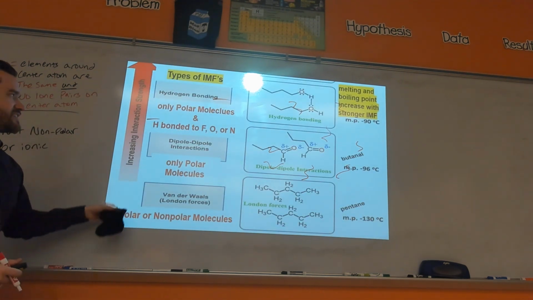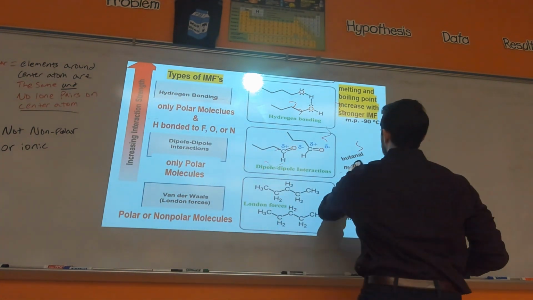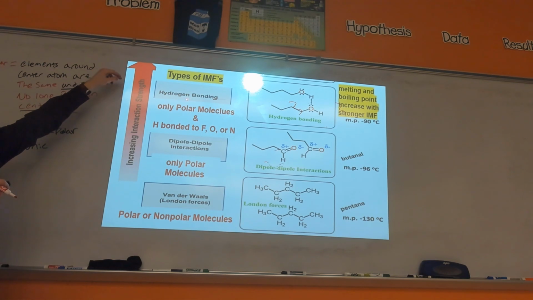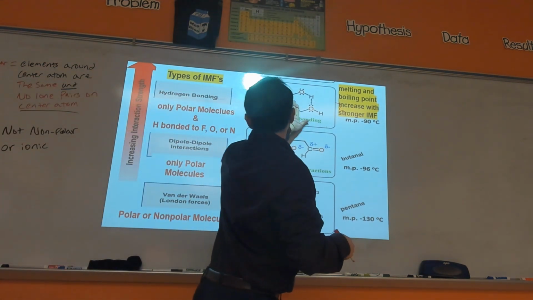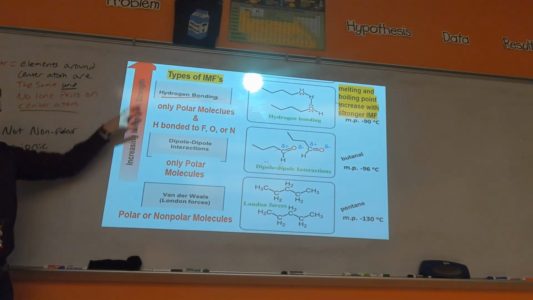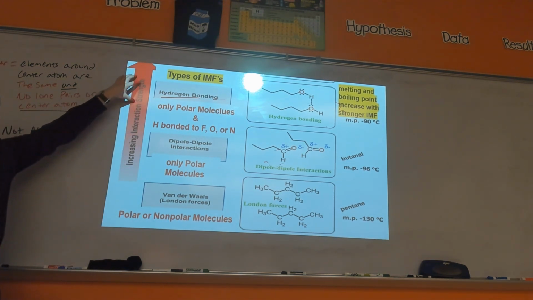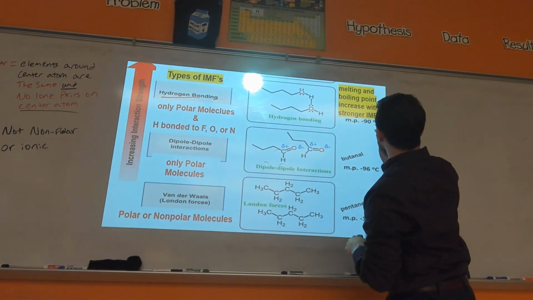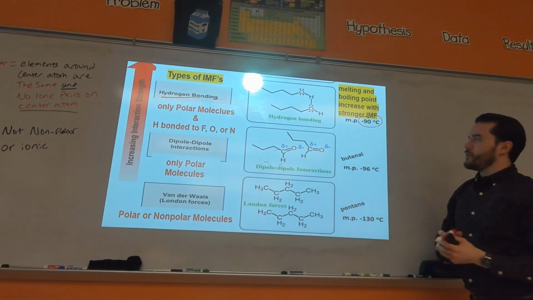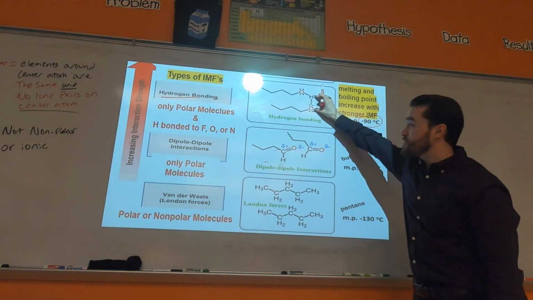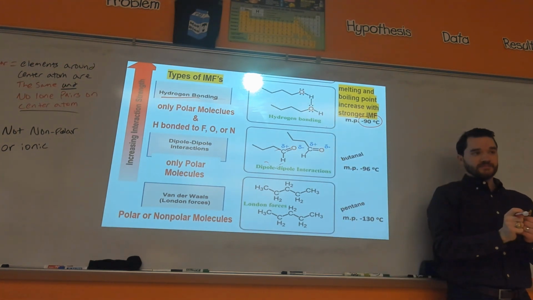Meaning, if I jump to the next slide, something with hydrogen bonding is the strongest intermolecular force. So the higher up you are, the stronger the intermolecular force. Hydrogen bonding is the strongest. Hydrogen bonding is going to have the highest melting point or boiling point, because the attractions between the molecules are strongest.